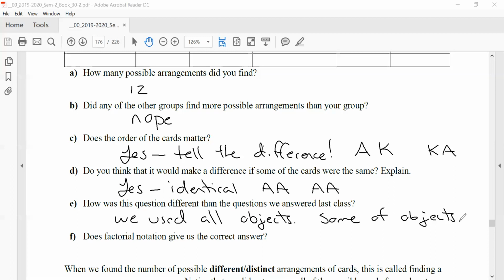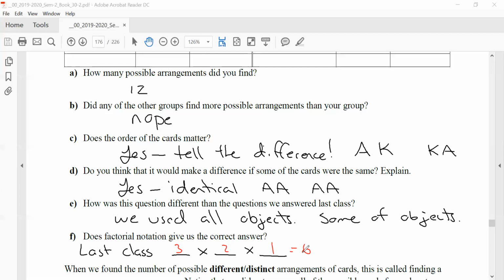Okay, does factorial notation give us the correct answer? This is an important question. So last class, there were 3 cards, I believe, and we would have said, how many ways can I arrange the 3 cards? Well, we would have done 3, 2, 1, which was 6 ways.